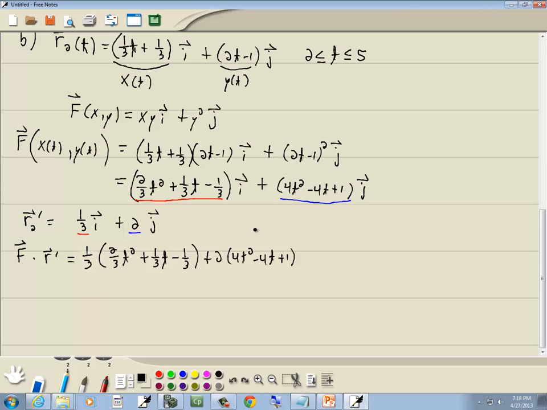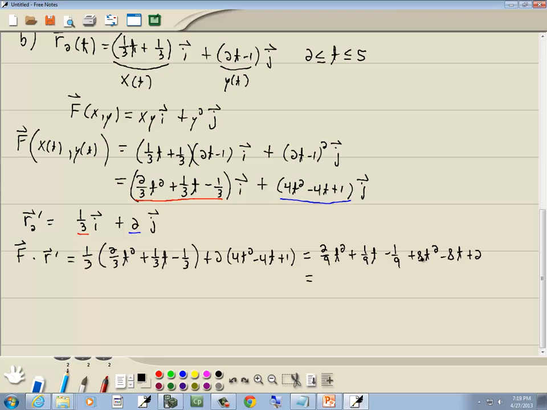I'm running short of room here, so let me simplify it over here. 1/3 times 2/3 gives us 2/9 t squared. 1/3 times 1/3 gives us 1/9 t. 1/3 times negative 1/3 is negative 1/9. 2 times 4 is 8t squared. 2 times negative 4t is negative 8t. And 2 times 1 is 2.